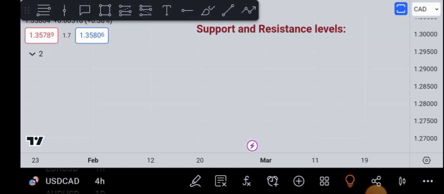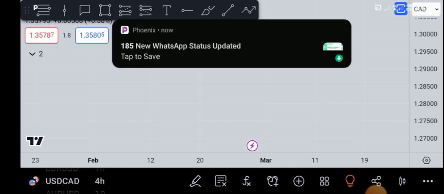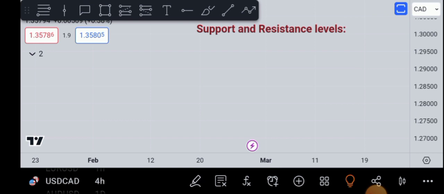So how does this apply to the forex market? Price is always moving. At every point in time, price is always moving, except on the weekend days.